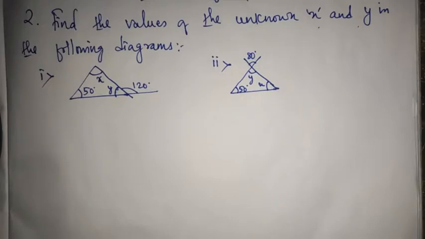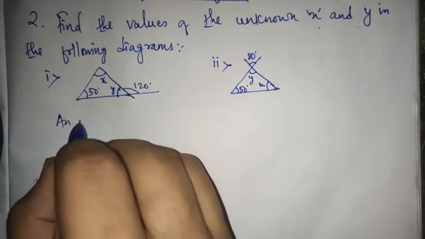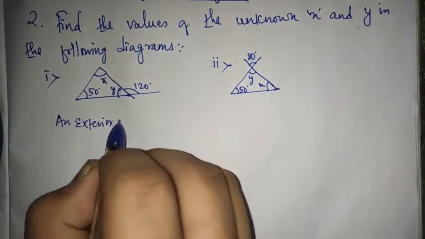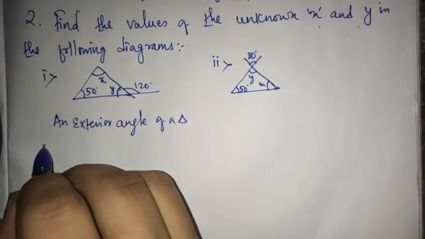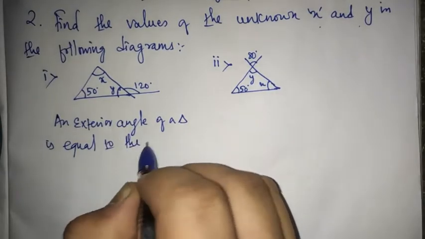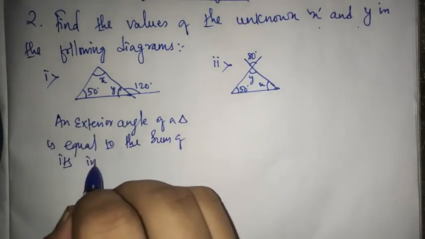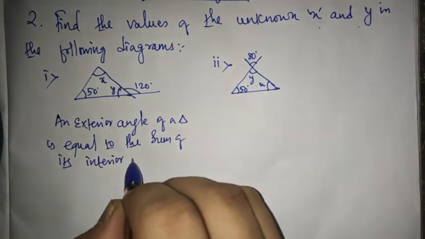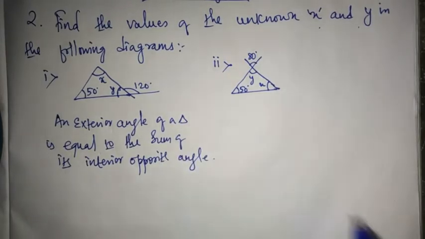I hope till now you are very much familiar with the formula of the exterior angle of a triangle, that an exterior angle of a triangle is equal to the sum of its interior opposite angles, right? Interior opposite angles. So the exterior angle of a triangle is equal to the sum of its interior opposite angles.